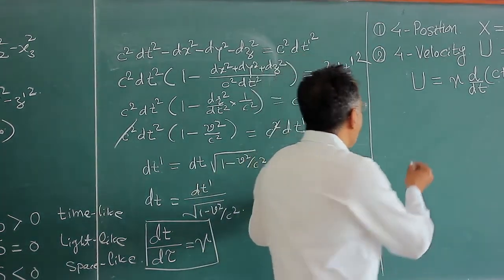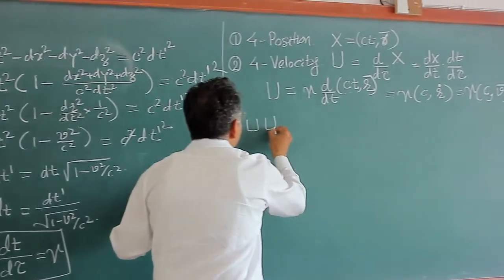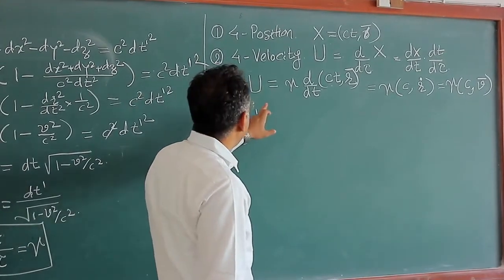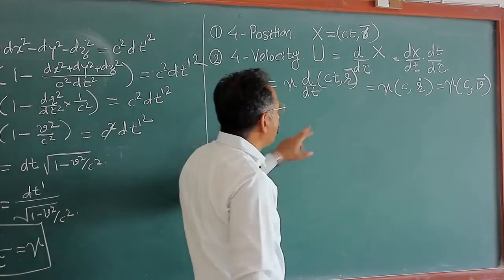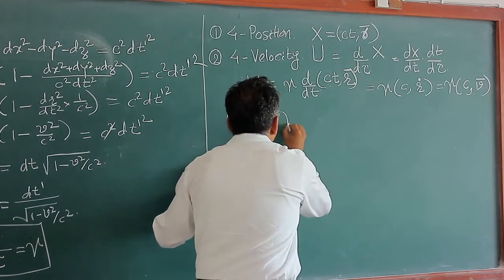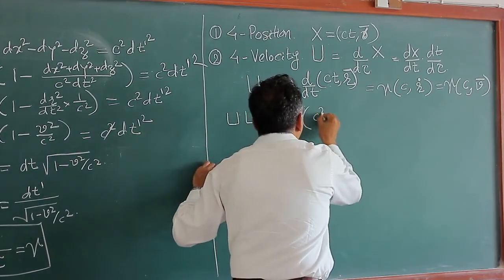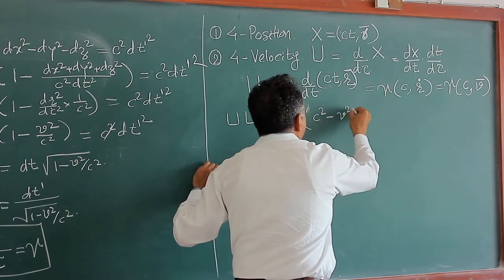Now, here I want to perform the inner product of u with respect to u, and obviously, writing these two quantities, gamma into gamma will be gamma square, and it will be c square minus v bar dot v bar, which is v square.